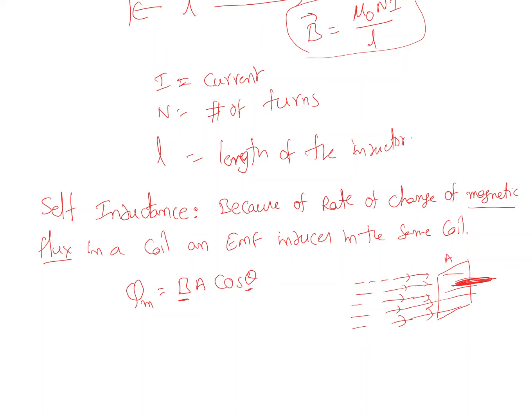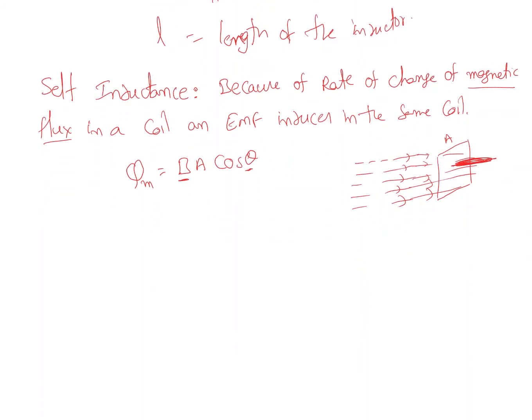Because of the rate of change of magnetic flux in a coil, an EMF is induced across the same coil. For a single conductor we found B is mu naught I over 2 pi r, where r is the distance.